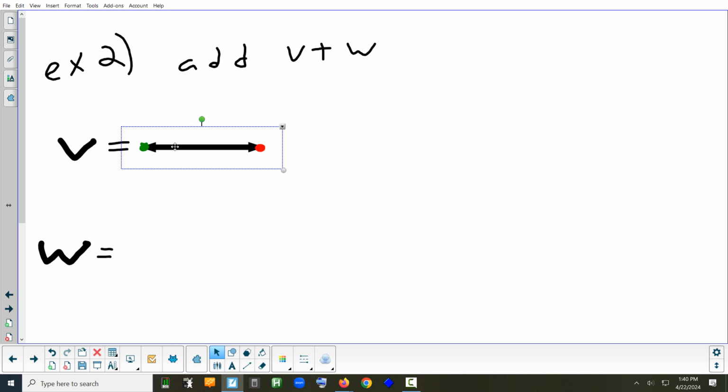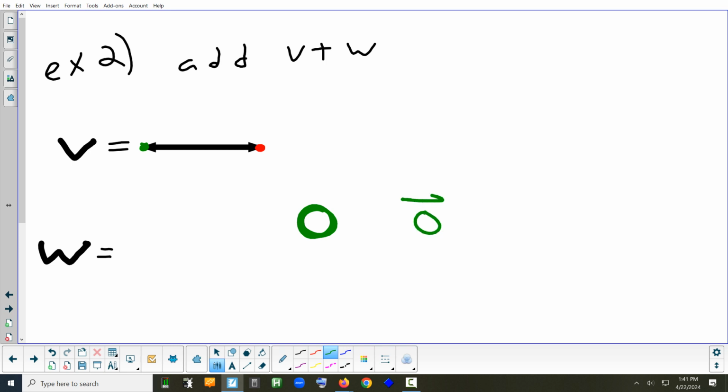So what did we say? When you add two vectors together, you always get a what? A new vector. You get a new vector. So the answer here is a vector, but it's what we call the zero vector. So it's a bold zero, or you could make it a zero with a line on top.